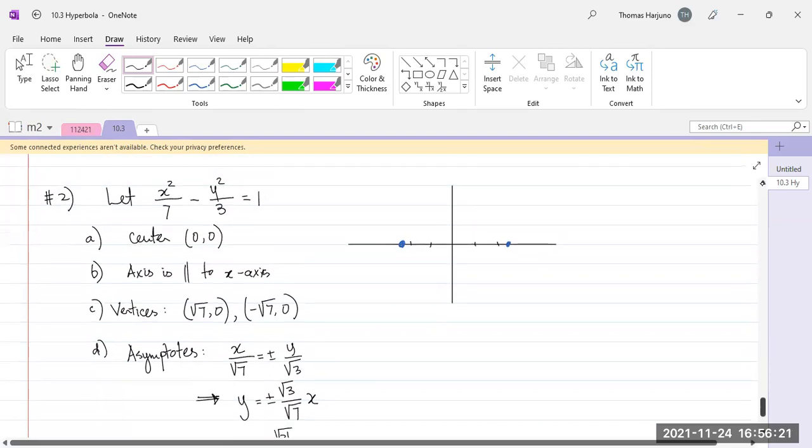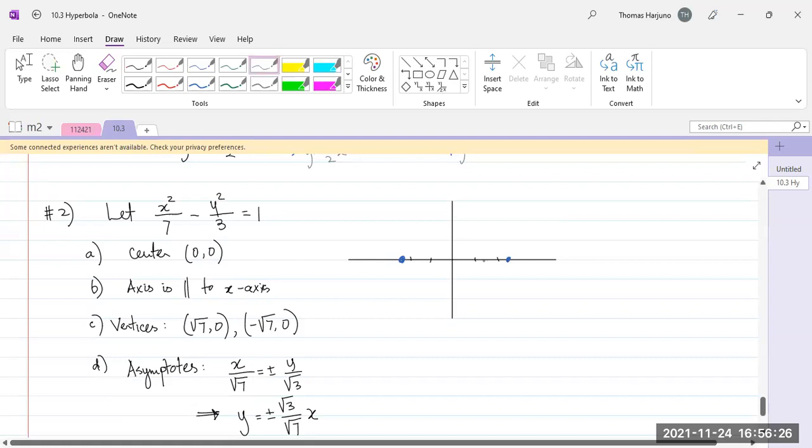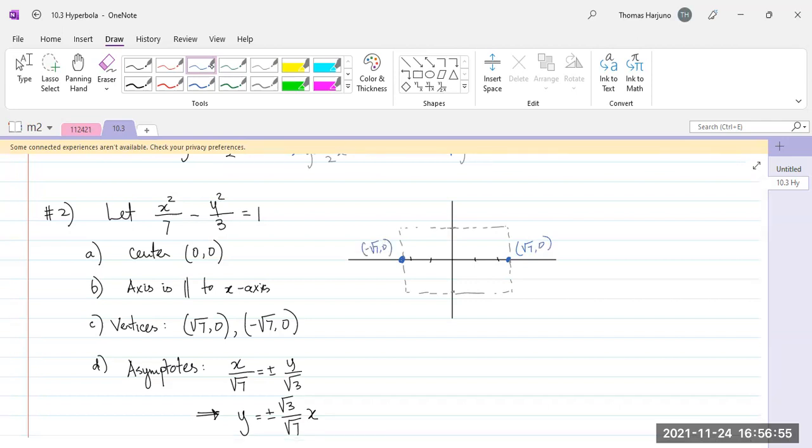Okay, so let's picture that. Radical 3 is approximately 1.7. So our auxiliary rectangle is here. Let me mark the vertices first. This is radical 7, 0. This is negative radical 7, 0.